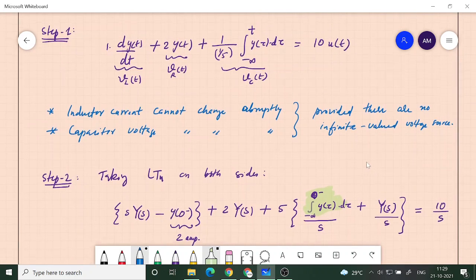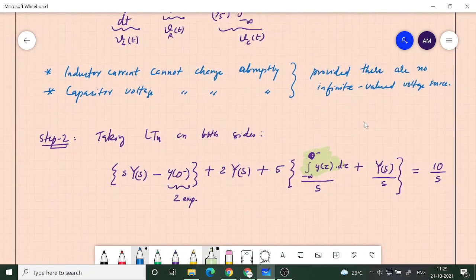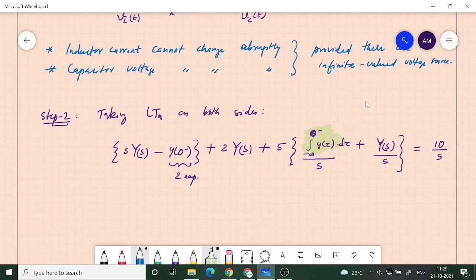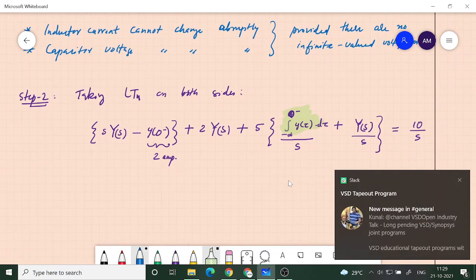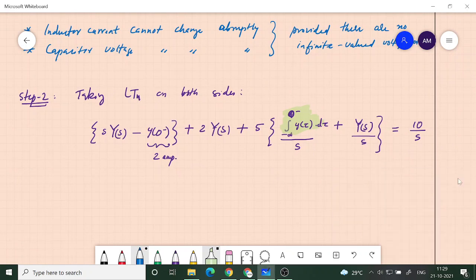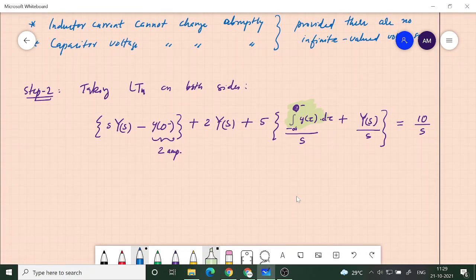We know the capacitor voltage, so we can find it out. What is the relationship? Sir, can you please repeat the question? What is this highlighted portion? What is the value of this? Can you tell me?